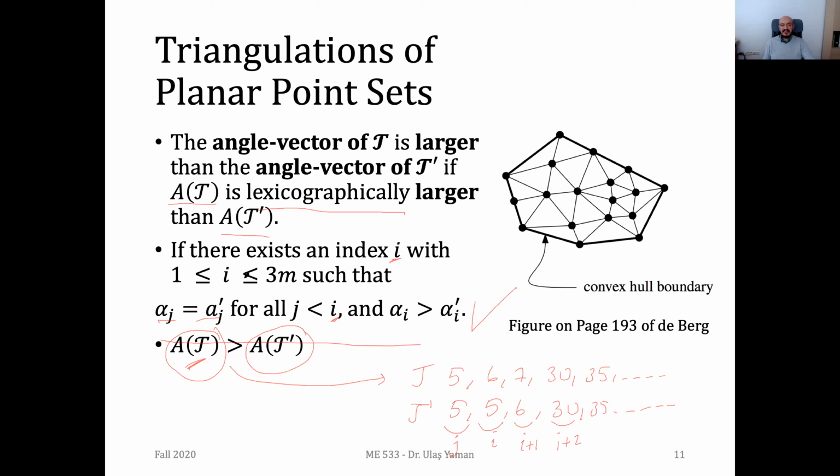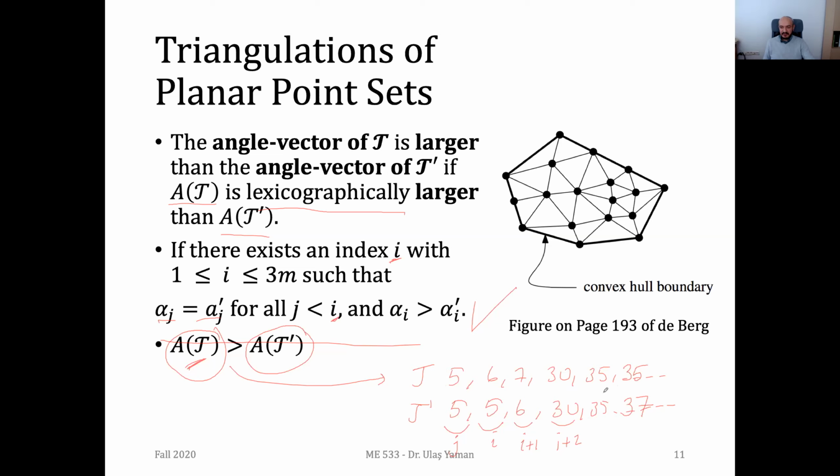But the thing is that this requirement should be valid for all j values. If, for instance, let's say at a time here, you may have, let's say, 35, and we have, let's say, 37 here. If that's the case, then I can simply say that this is not valid. And we cannot make a comparison between these two.